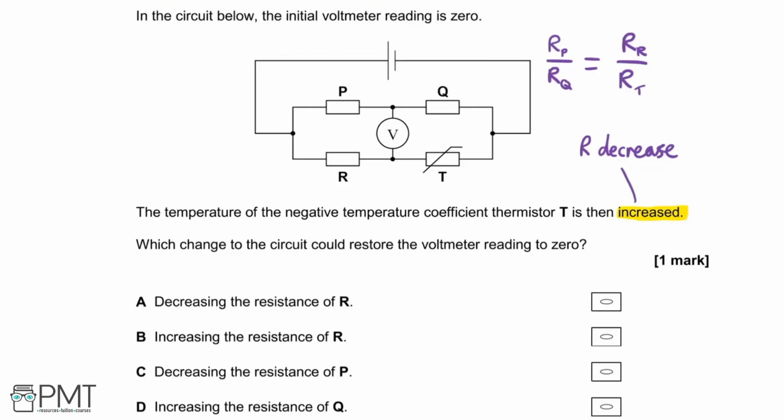Now, in order to restore that fraction so that it keeps the same as the ratio of the resistances P and Q, what we need to do is decrease the resistance of R, because if we make the denominator smaller, we need to make the numerator smaller as well to keep the fraction the same. So the answer to this question is going to be A.